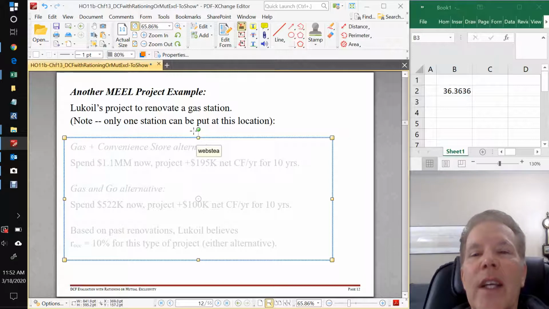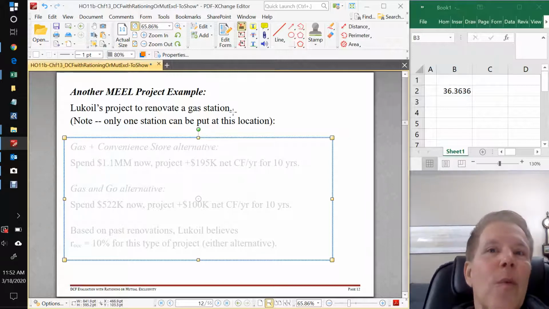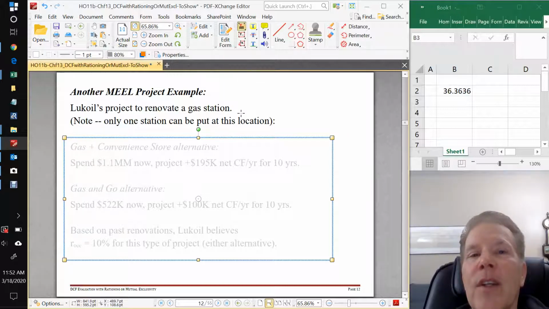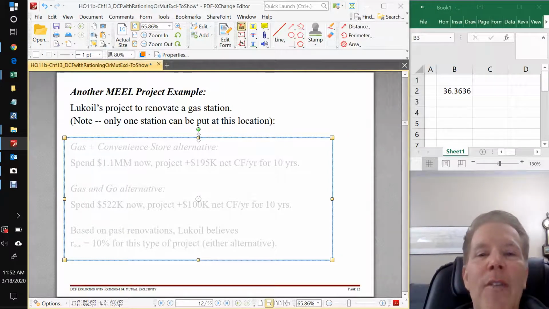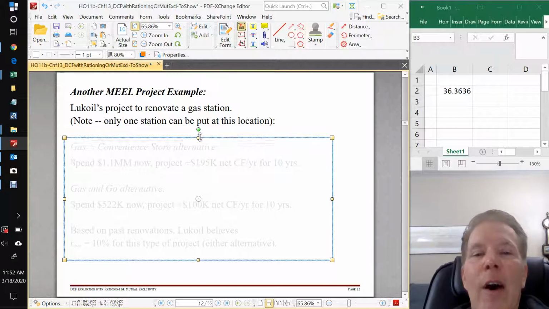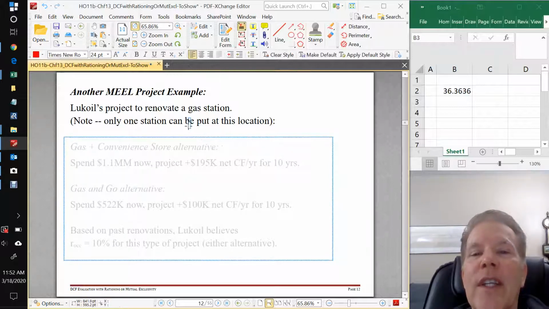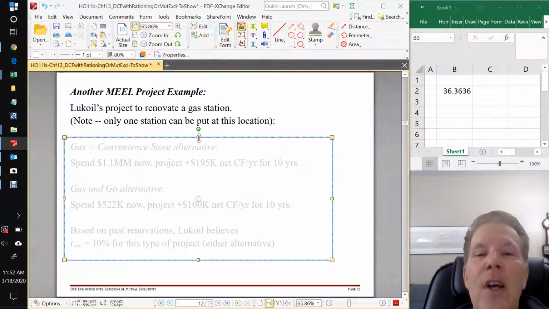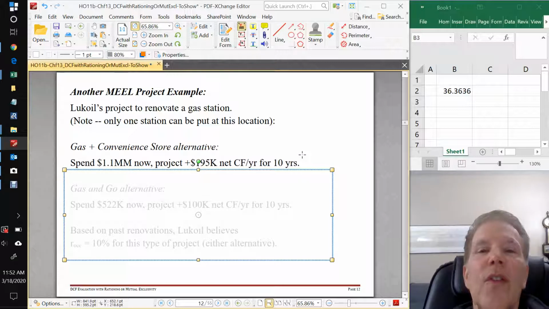So they're thinking about renovating one of their gas stations. They renovate their gas stations about every 10 years on average, and clearly they can only put one station renovation at this existing location. So we're going to consider two alternatives for them here.